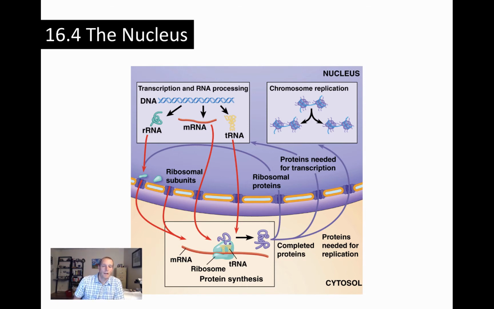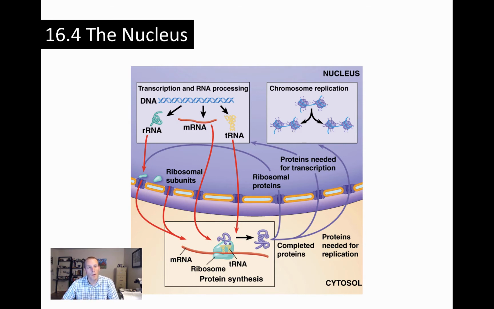Beyond that 10 nanometer size limit, proteins have to be actively transported across the membrane through the nuclear pore complex, and this requires that the protein to be transported has a sequence of amino acids called a nuclear localization signal. That signal enables the protein to be recognized by the nuclear pore complex and transported across the membrane.